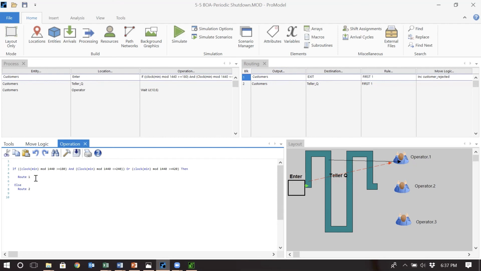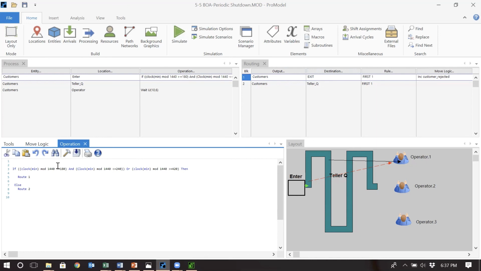When you want to send the customer to exit, just come here and see which line is the one that sends the customer to exit and call that line. Here it happens to be the first line, so I'm going to call it route 1. If it happens that for you the second line is the one that sends the customer to exit right here, then call route 2, because that's the one that sends the customer to exit.